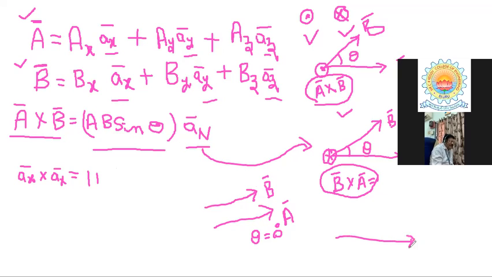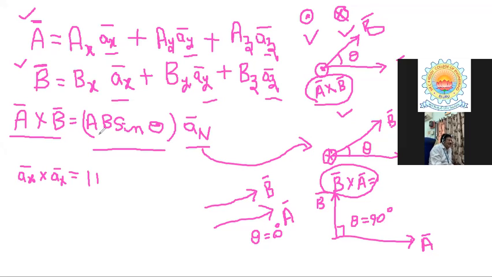Once they are perpendicular, if you take A bar cross B bar, it is given by AB sine theta, where theta is equal to 90 degrees.